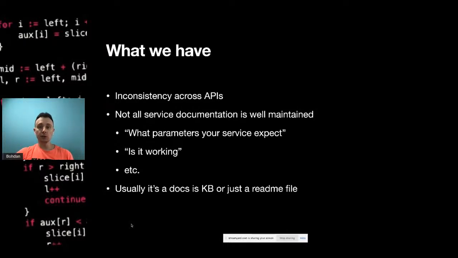So we usually had such a challenge that instead of checking a Swagger file, people go to the team member who owns the service and ask which parameters you have to pass, or say something doesn't work. So please tell me which parameters you have.